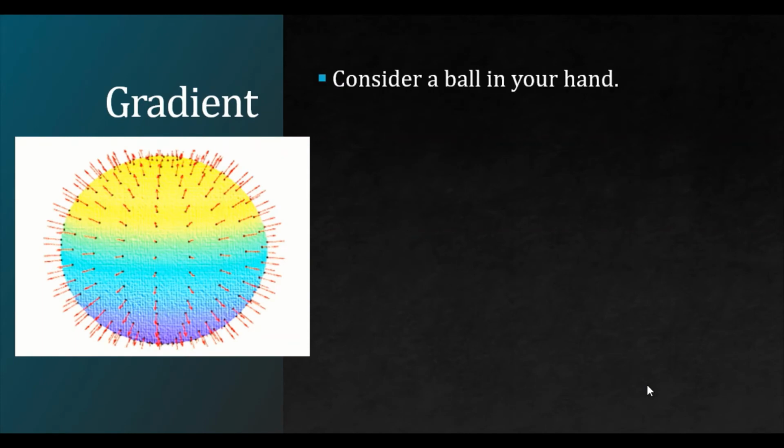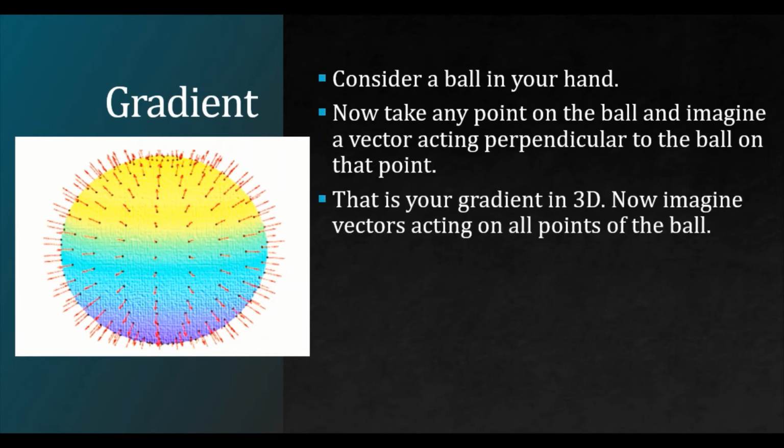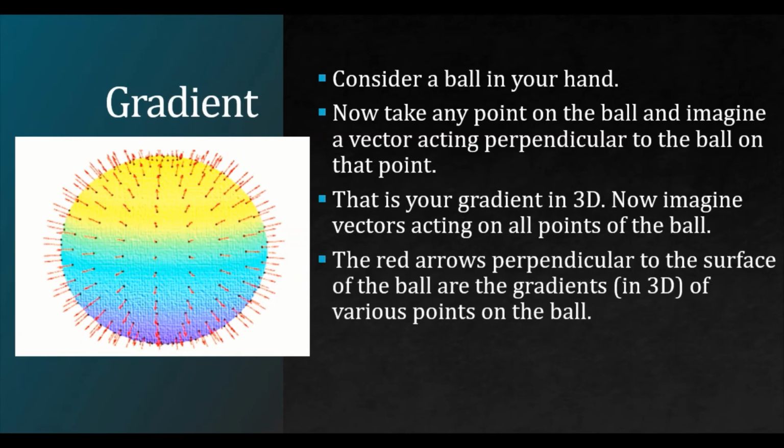Consider a ball in your hand. Now take any point on the ball and imagine a vector acting perpendicular to the ball at that point. That is your gradient in 3 dimensions. Now imagine vectors acting on all the points of the ball.